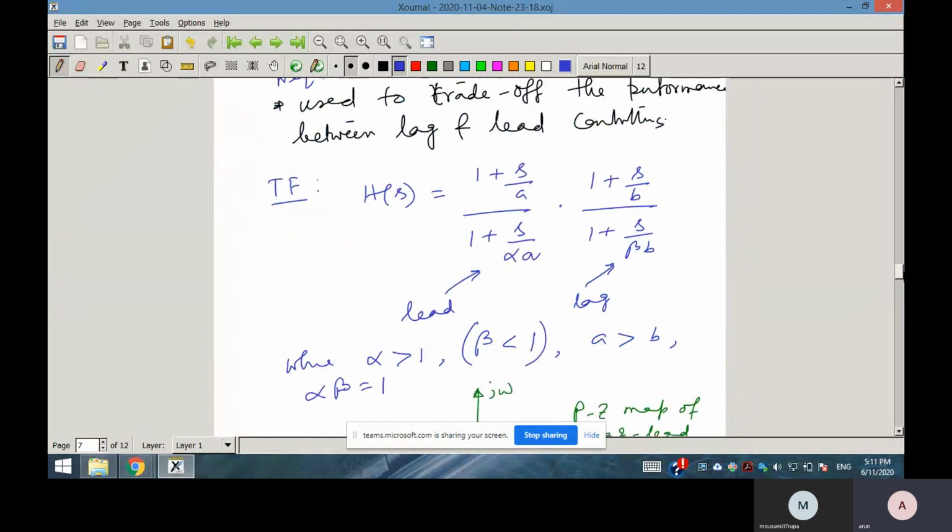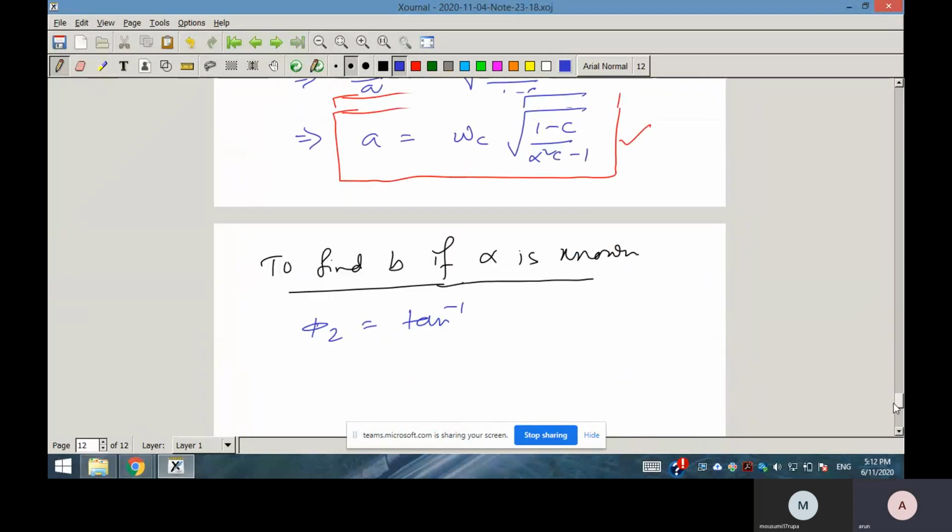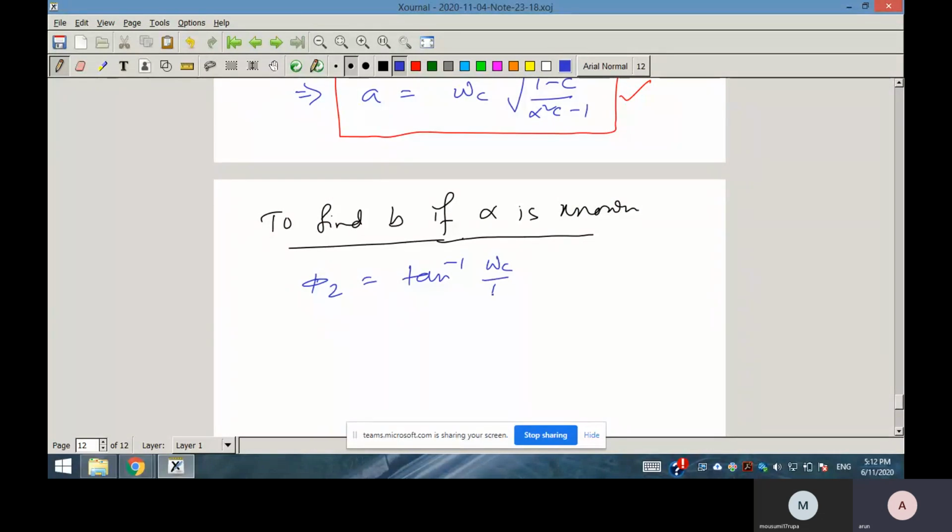The lag part transfer function is this one: tan inverse of omega c by b minus tan inverse of omega c by beta b. So what is phi 2? Note phi 2 is negative. So actually minus phi 2 equal to this is the negative phase. This phi 2 is negative.